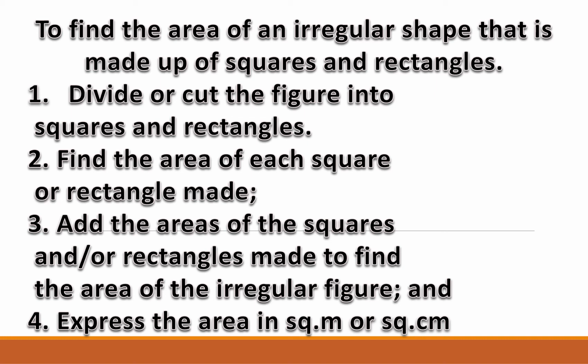And number four, express the area in square meters or square centimeters. Don't forget to write the unit, because this unit is important to identify the measure of the area of the figure.